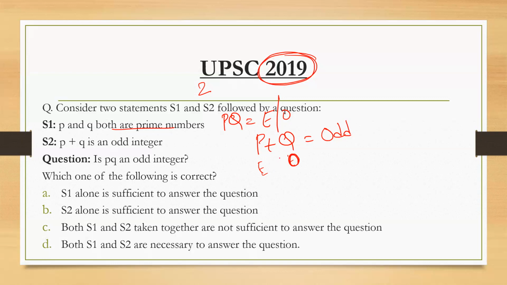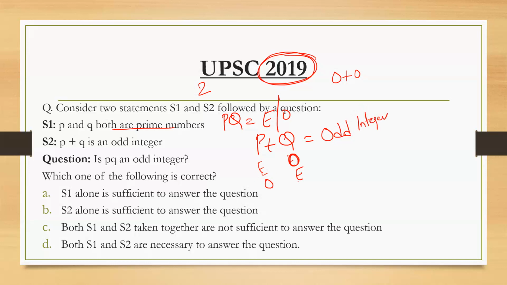Similarly, if P is odd and Q is even, again I get an odd number. But if I add two odd numbers, that will give me an even number. So the only possibility is either P is even and Q is odd, or P is odd and Q is even. Then only their summation will give me an odd integer.